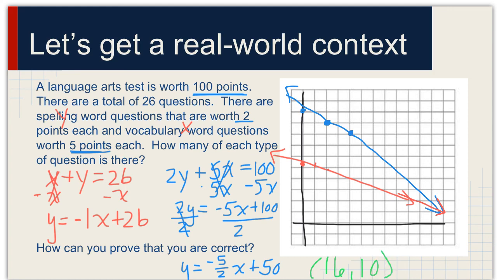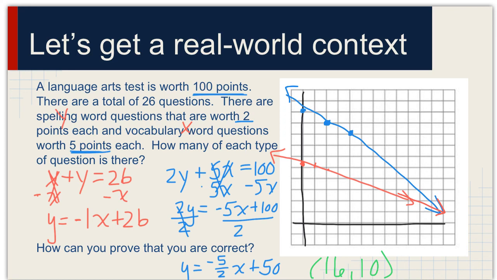So there were 16 vocabulary questions and 10 spelling questions. But graphing only works when things are nice and neat, small graphs, whole numbers. So this is one of your options, and it doesn't work all the time.